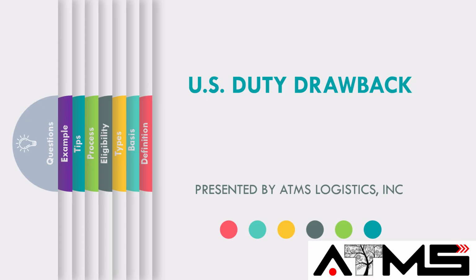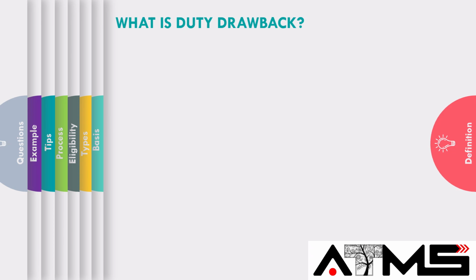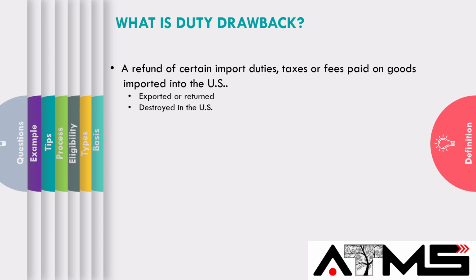Let's dive into today's topic. Take a look at the definition of customs duty drawback. Duty drawback refers to a program that allows importers to receive a refund of certain duties, taxes, and fees previously paid to US Customs under specific qualifying conditions.